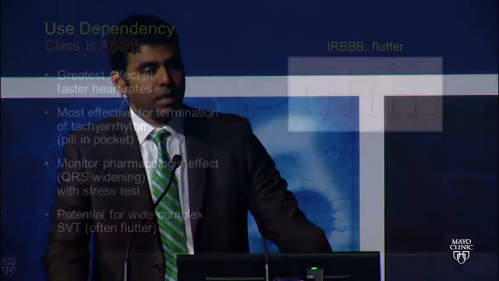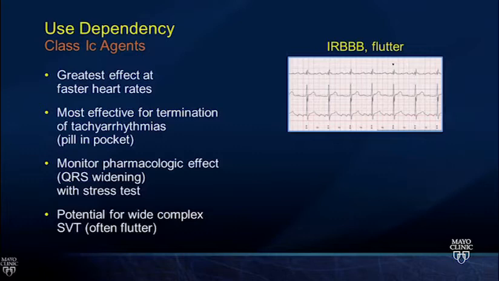So with the sodium channel blockers, the 1C drugs, this is where the concept of use dependence comes in. The greatest effect is at faster heart rates, and because of this use dependence, they are the most successful drugs for termination of atrial fibrillation.